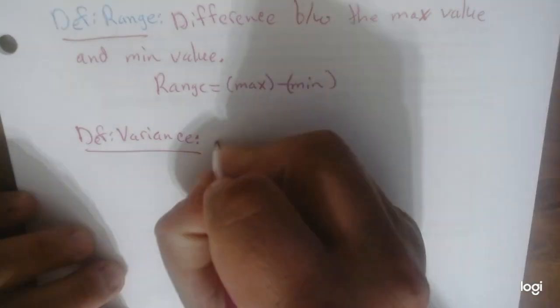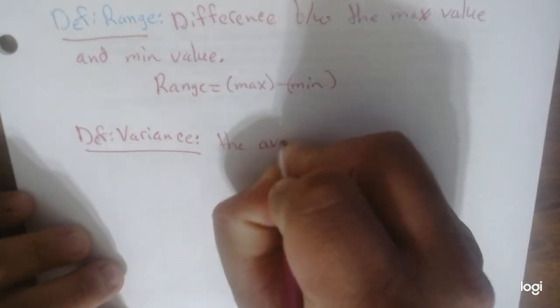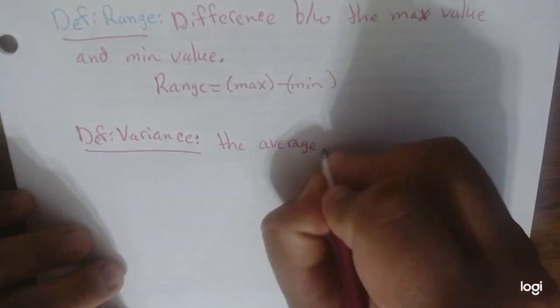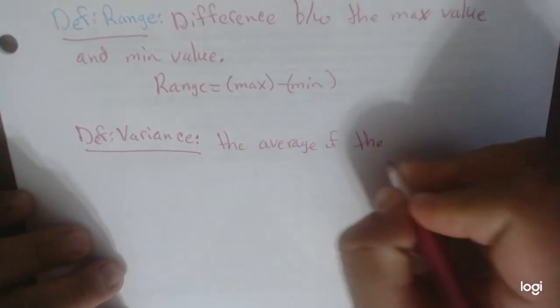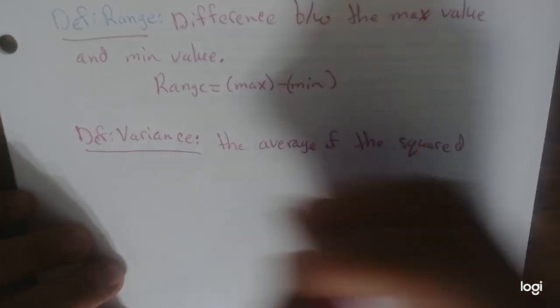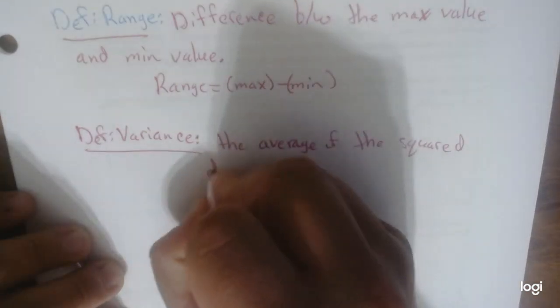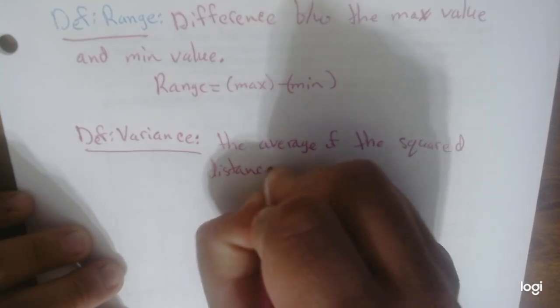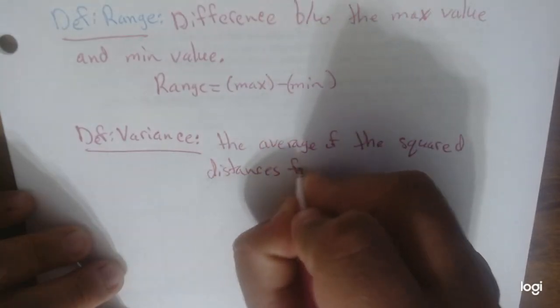The variance is the average of the squared distances from the mean.